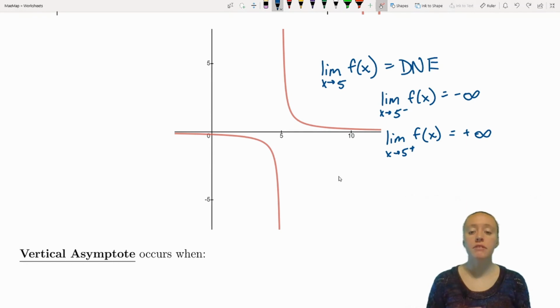In each of the above graphs, we have a vertical asymptote. But what exactly is a vertical asymptote? Well, it's a line that our function approaches as we approach that finite value in the x.